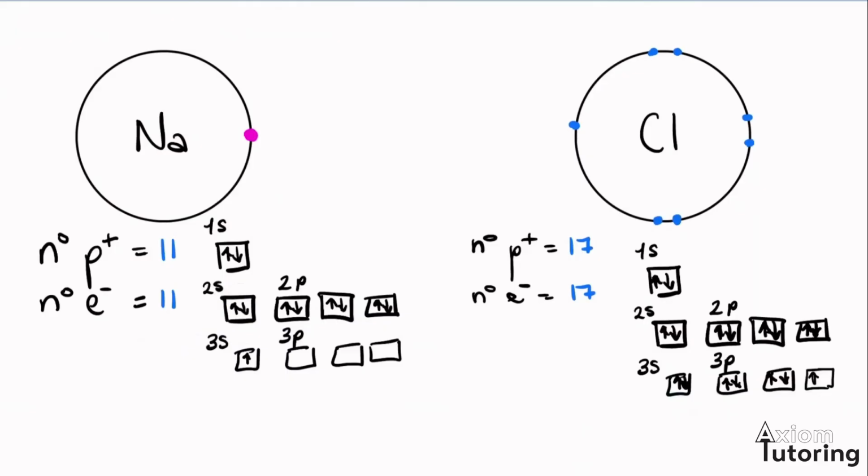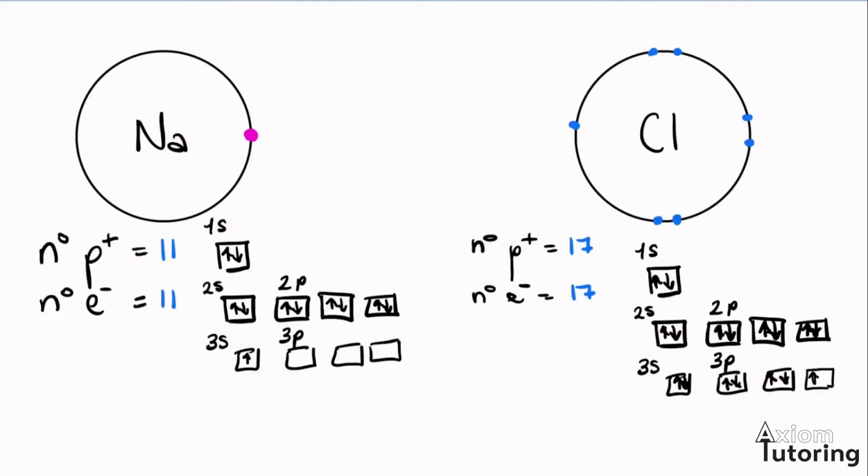Sodium, in its outer shell, has only 1 electron, and it's easier for sodium to lose this electron rather than trying to fill all these other orbitals with electrons. While chlorine is only missing a single electron, so it would be much easier for chlorine to gain an electron rather than having to lose all these electrons.